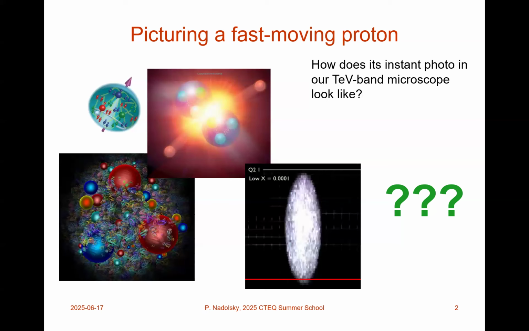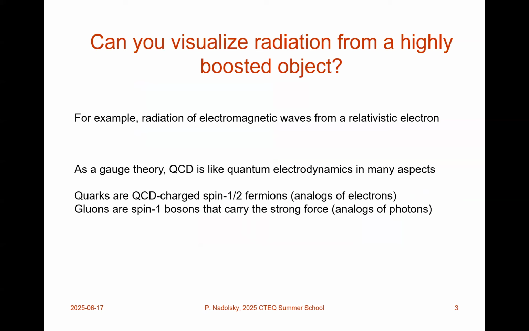So very often you see people draw this proton as a pancake. They say protons look like a pancake when we scatter them, okay? So let's try to visualize what happens. Can you visualize radiation from a highly boosted object? When you look at quarks inside the proton, they're loosely bound particles, really like electrons.